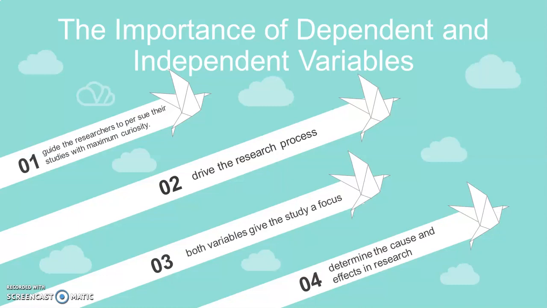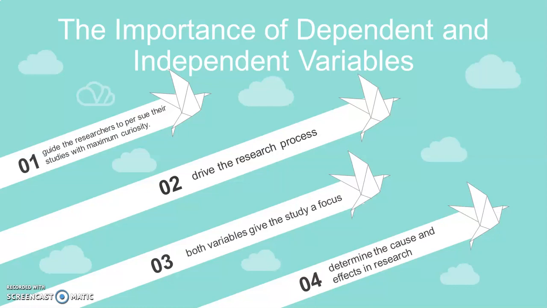Dependent and independent variables are important because, as defined earlier, a variable as opposed to a constant is simply anything that can vary and that many researchers consistently look at the relationship between these two variables.